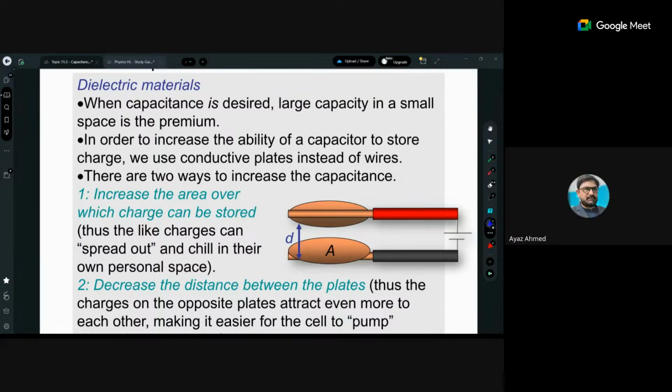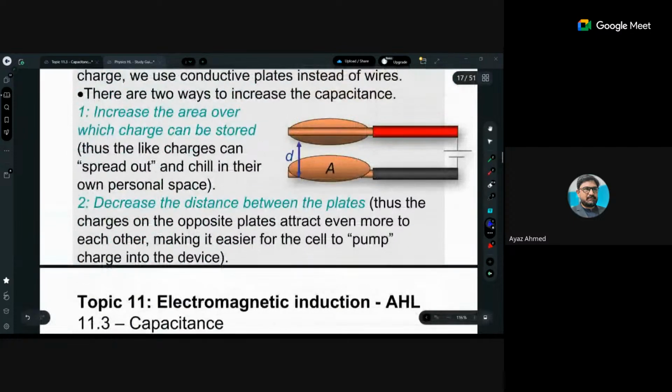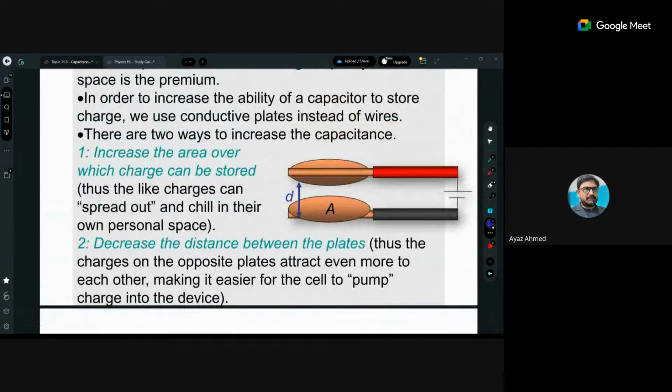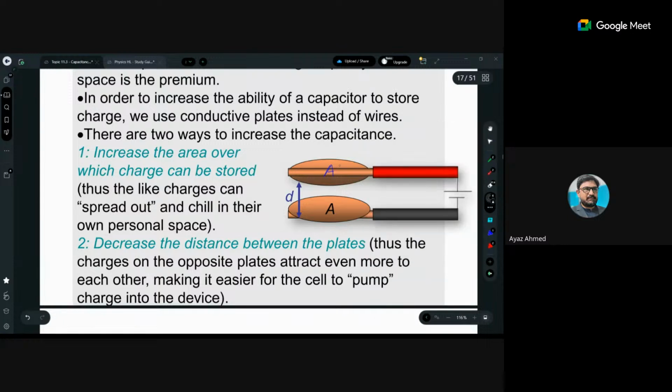So this is the same concept as I had delivered to you, that these two plates are at a distance d from each other and they have a specific cross-sectional area A, and that area would definitely depend upon the dimensions.